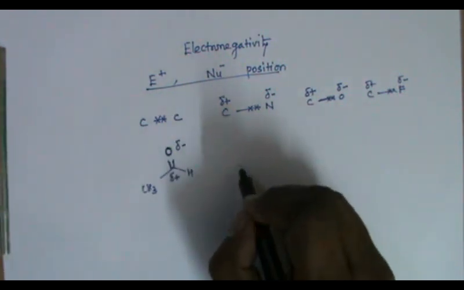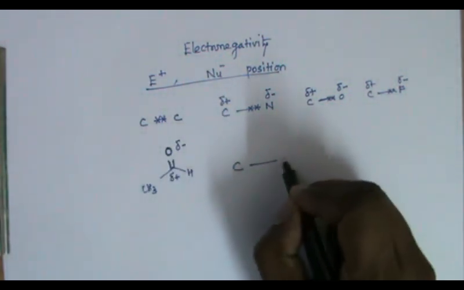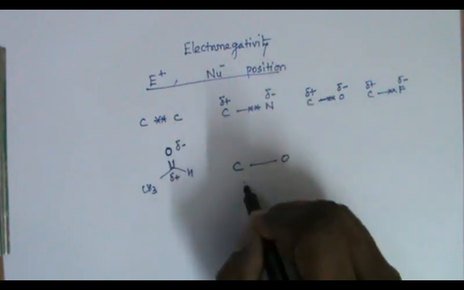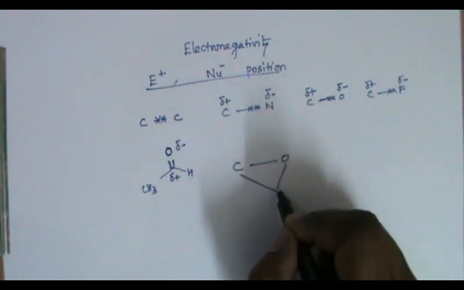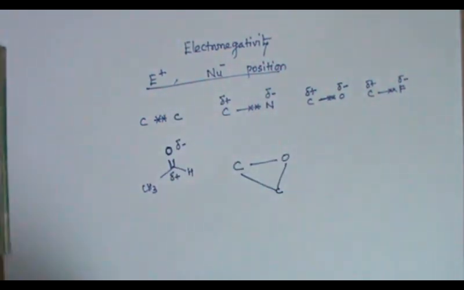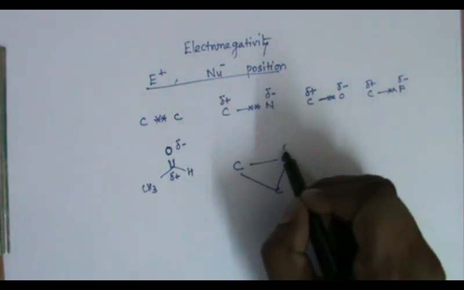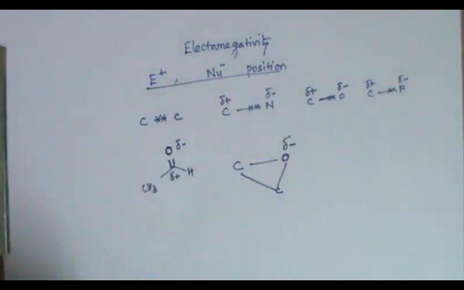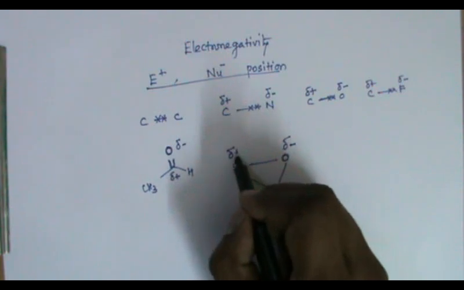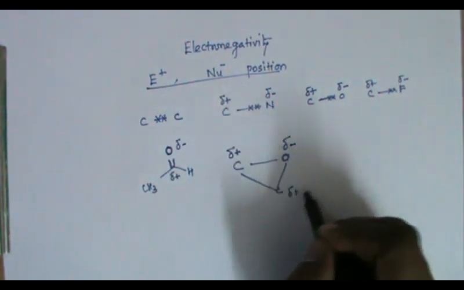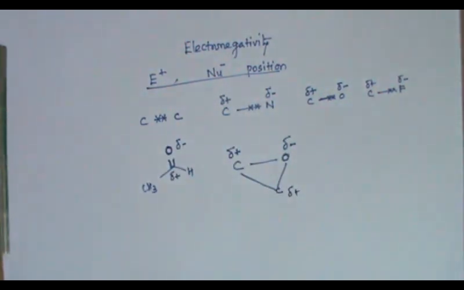The same way, if you go for C-O, I go for epoxide, that will be a better substrate. This oxygen is more electronegative, so that becomes del minus, carbon becomes del plus. This carbon is also attached to oxygen, so this also gets del plus.